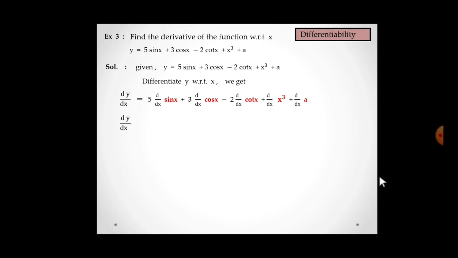Now I write the derivative of sin x, 5 as it is, derivative of cos x, 3 as it is. d by dx of cos x is minus sin x. Here you can see that I substituted. Now when you write the answer, you should not write d by dx. The answer itself is minus sin x.